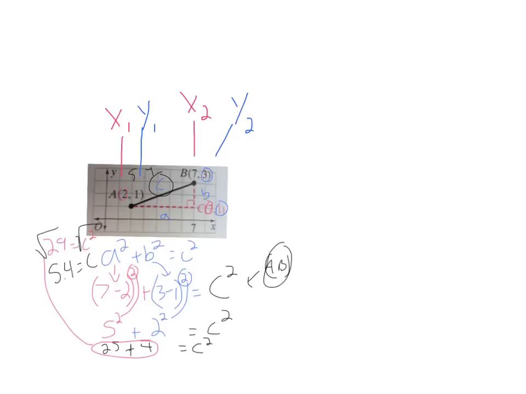So if I were to say to you, what is x1? You'd tell me that's the first x value, which is 2. If I was to say, what is y2? You'd tell me that's the second y value. So we have x1, y1, x2, and y2. What did we do to find those distances right there? We said this value minus this value.